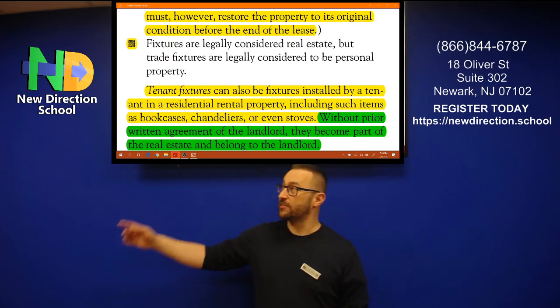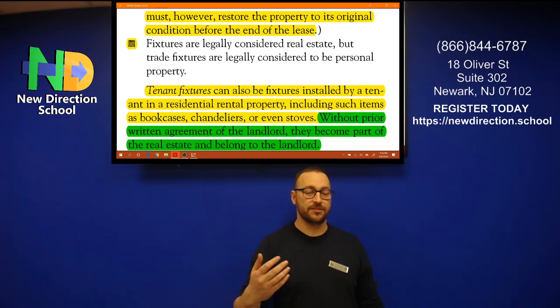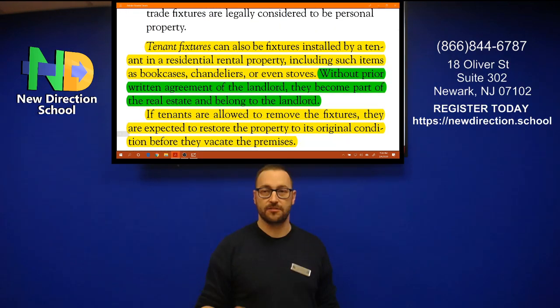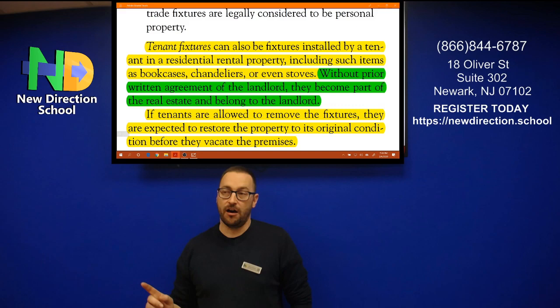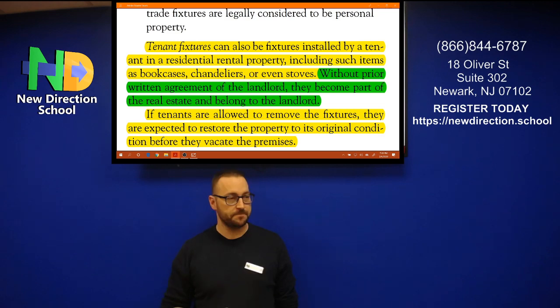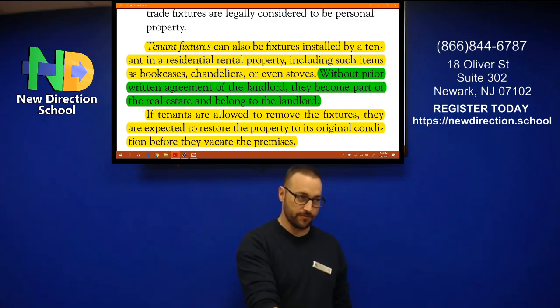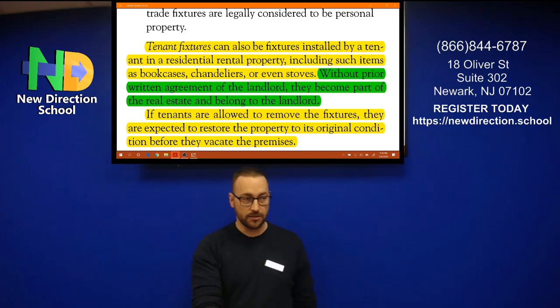Unless we have a written agreement. And in that written agreement, we're also going to determine if the tenants are allowed, that means we agreed, to remove the fixtures. I allowed you to install, I'll also allow you to remove, yes? If you are allowed, what are you expected to do?